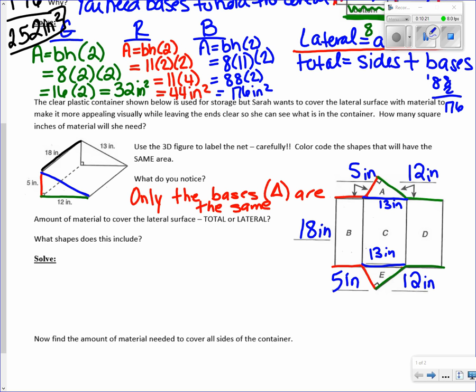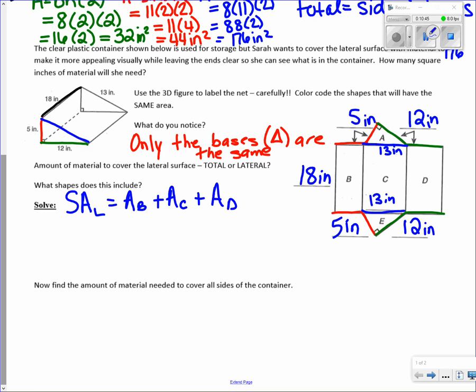So we're looking for surface area, and we want lateral, and I always put a little L there, just to remind myself. Okay, so the way we're going to do that is we're going to find the area of B plus the area of C plus the area of D. And it's already labeled for us.